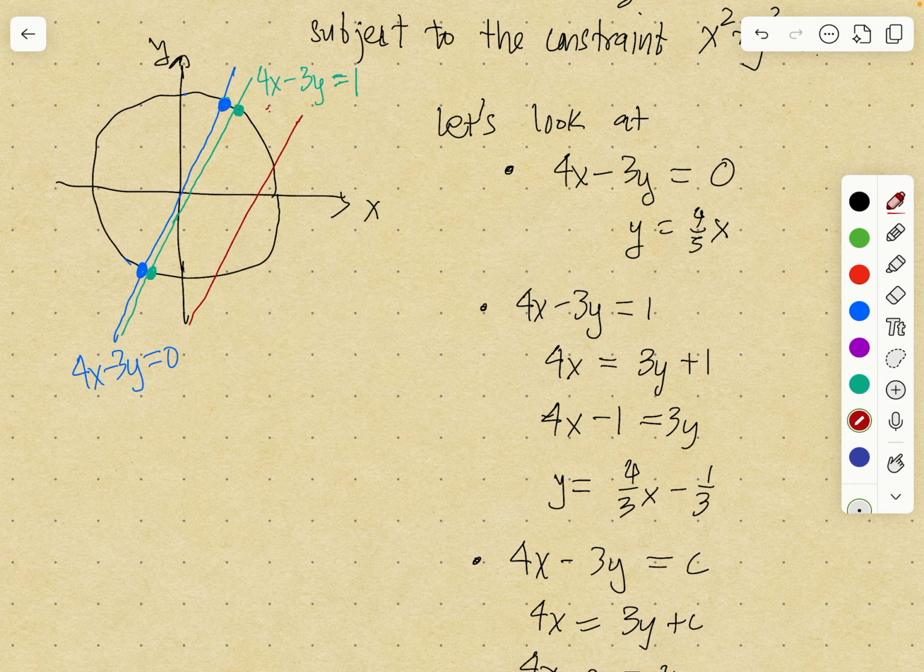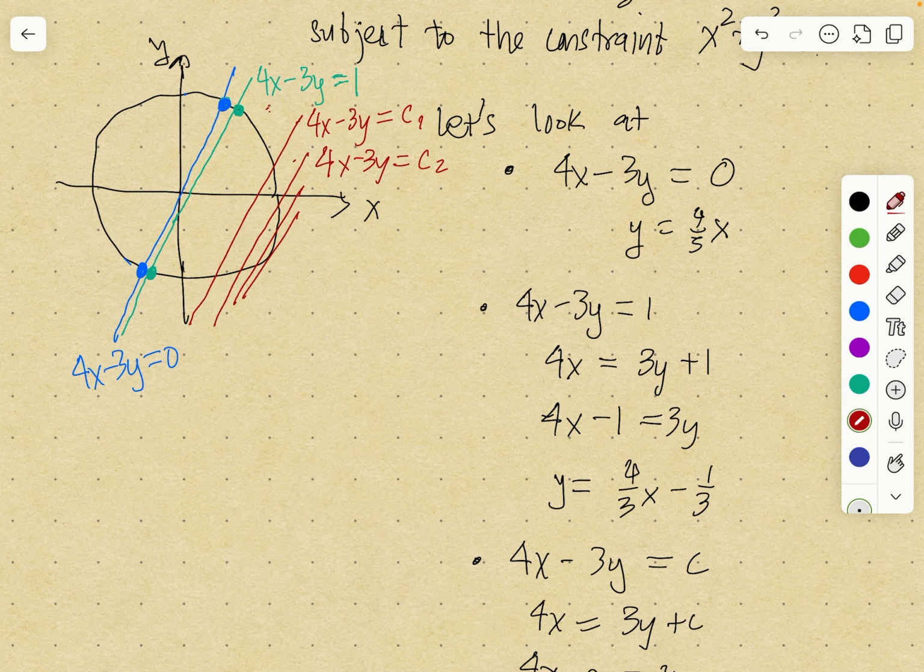So if I have this line, this is going to be 4x minus 3y equals, I don't know, something bigger than 1, right? And then maybe that's my c1, and then I can make c bigger by making a different c, so c2. And then I just want to keep moving the lines down until I can't move it anymore.